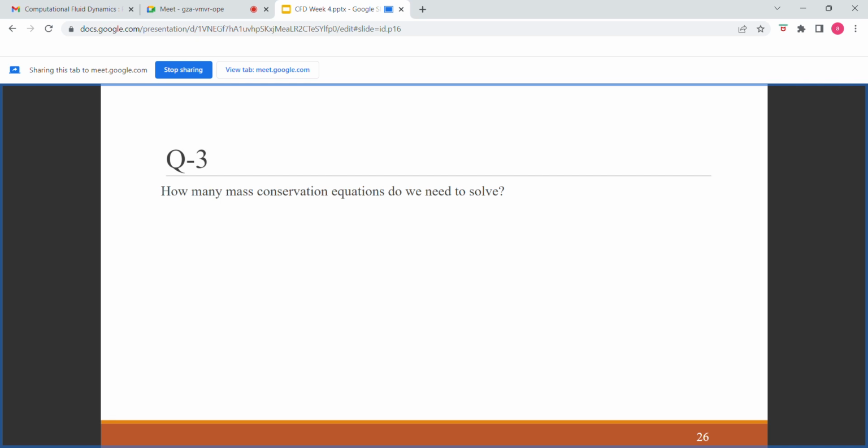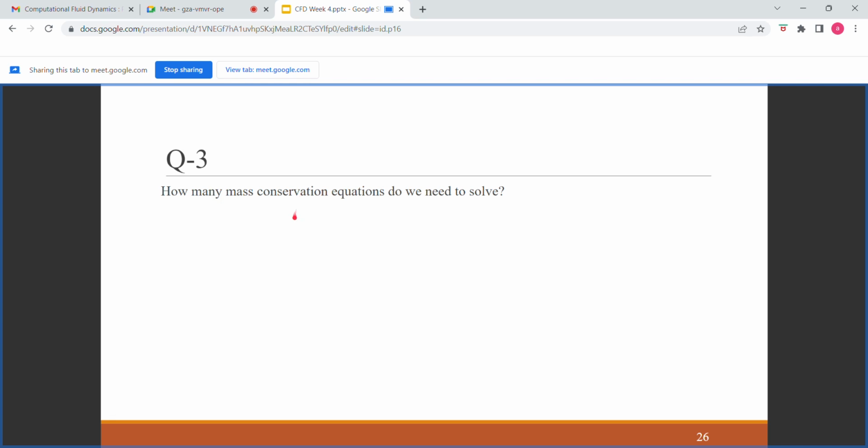And since we are dealing with chemical reactions, we'll be using species conservation equations also. Let us consider that there are n number of species, and there is one continuity equation. When all these species conservation equations are put together, we'll be getting the continuity equation.